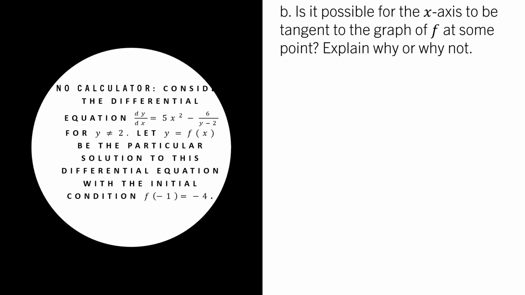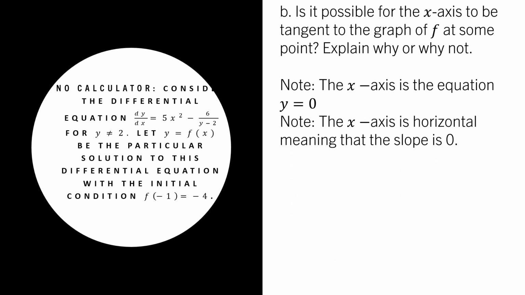All right, part B says, is it possible for the x-axis to be tangent to the graph at some point? And so a couple things I wanted to note. First, that the x-axis is the equation y equals 0, and the x-axis is horizontal, meaning that the slope is 0. So basically, I'm taking my derivative, and I'm putting in y equals 0, since I know that at the x-axis y is 0.